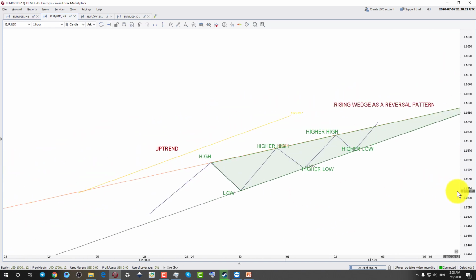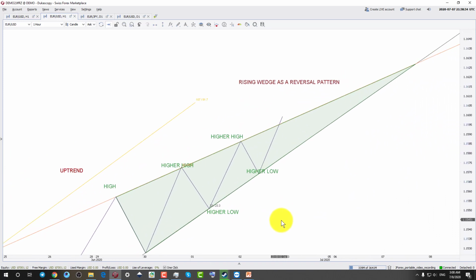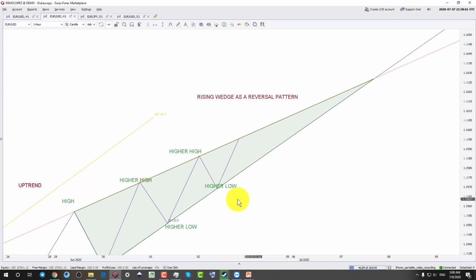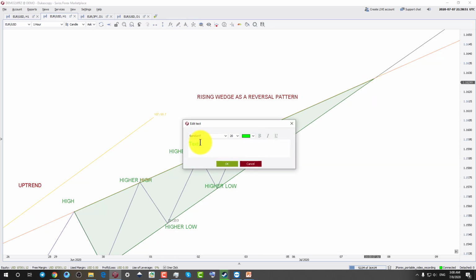Now in this wedge, how we have to trade is that the price tends to move within the wedge, and after maturity or after a certain time near the apex, this place is known as the apex. The place where the two trend lines meet is called the apex.